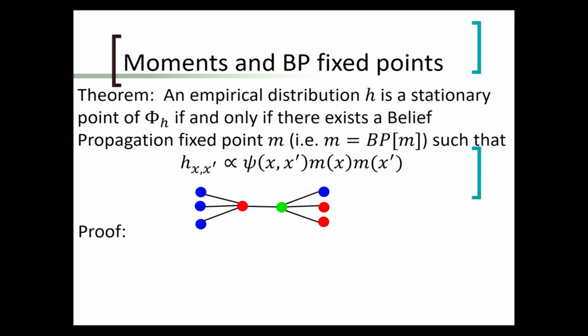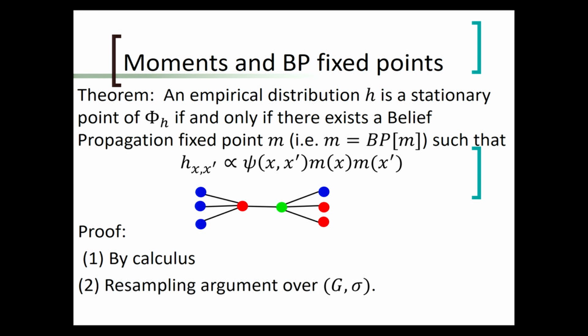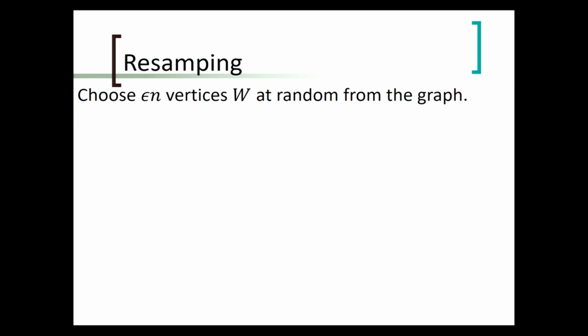There are a couple of proofs of this, and they're both in the set of notes. One is just by enough calculus, and the other is by essentially a resampling argument. So how am I going for time?